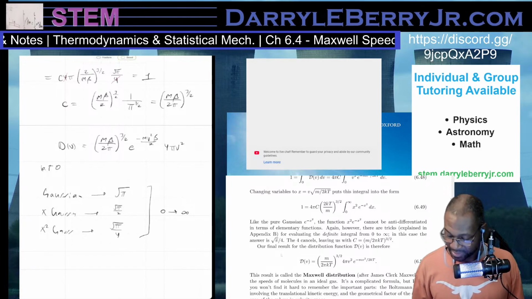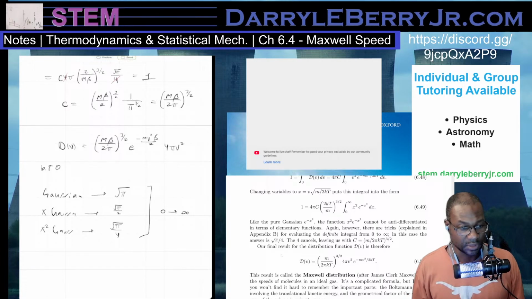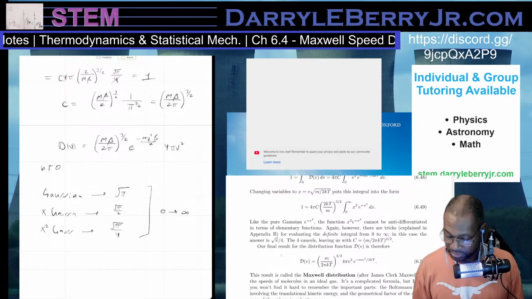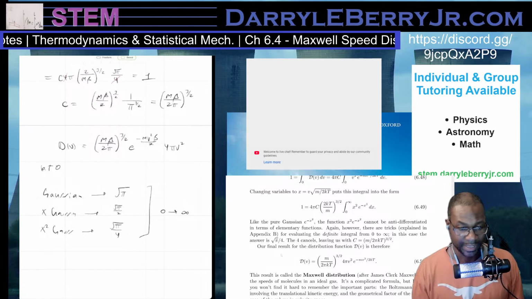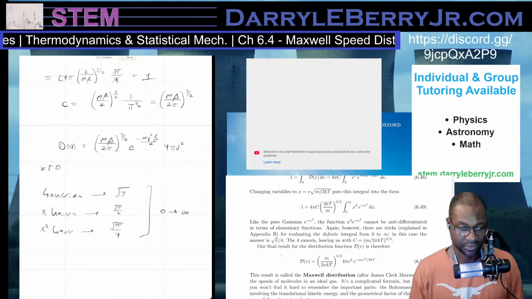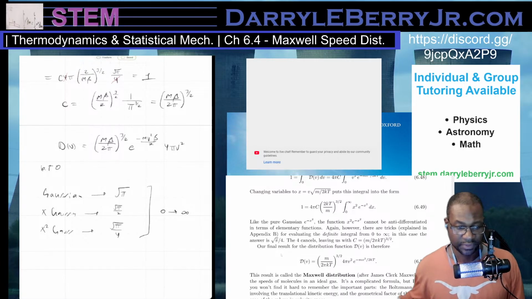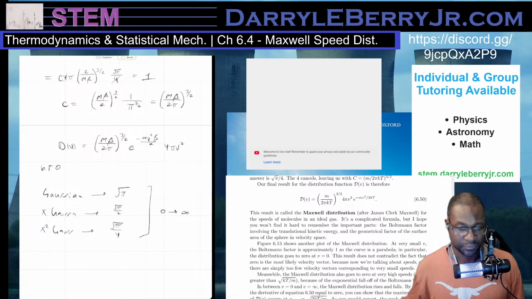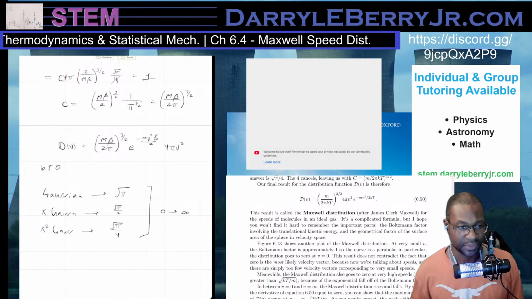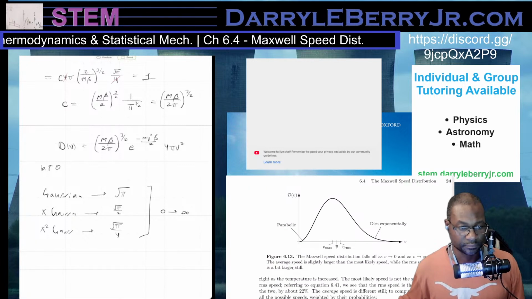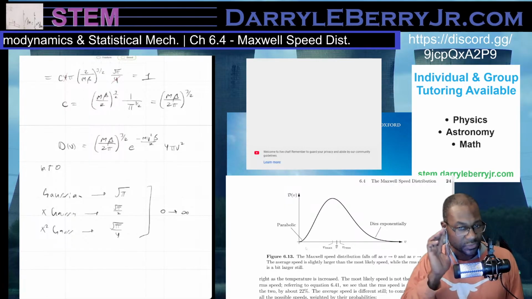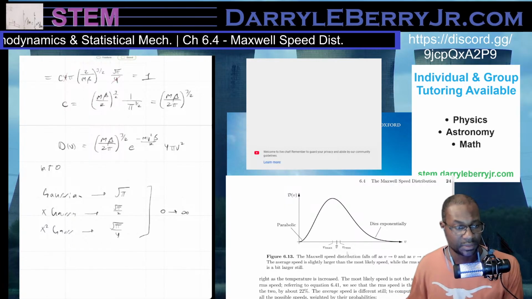The Boltzmann factor, involving the translational kinetic energy, and the geometric factor of the surface area of the sphere in velocity space. Figure 6.13 shows another plot of the Maxwell distribution at very small v, right? So it's parabolic on the left and dies exponentially on the right.